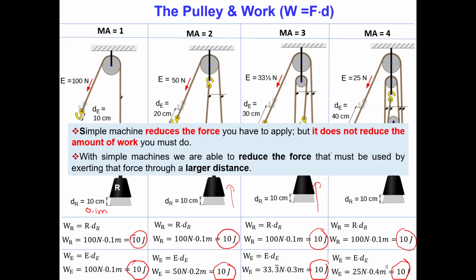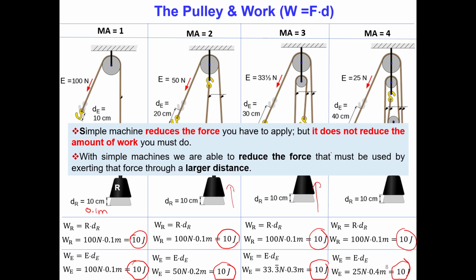And this is why simple machines reduce the force you have to apply, but don't reduce the amount of work you must do. Also, with simple machines, we are able to reduce the force that must be used, but exert that force over a larger distance.